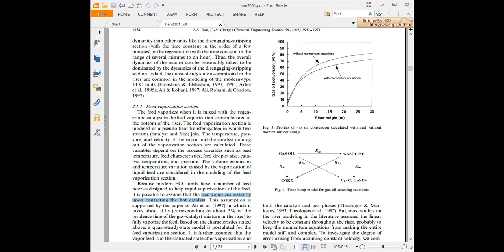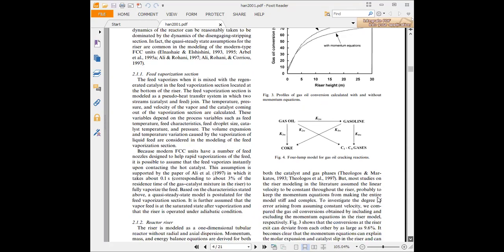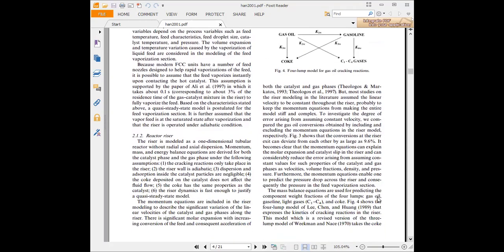Okay, so see here in figure number 3, this is the profile of gas oil conversion calculated with and without momentum equations, correct? And in figure number 4, this is the 4 lump model for gas oil cracking reactions. Okay, so please go through it. So the reactor riser. So these are the assumptions here. This is a one dimensional tubular reactor with radial and axial dispersion. Okay, and you can go with the momentum, mass and energy balance equations.